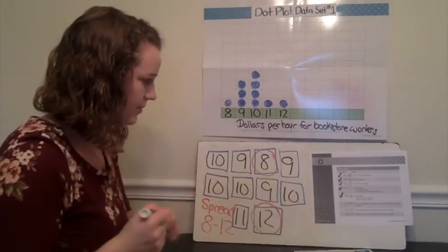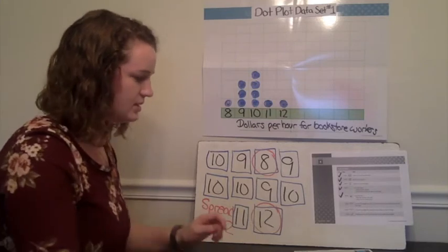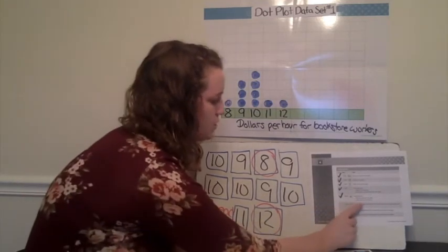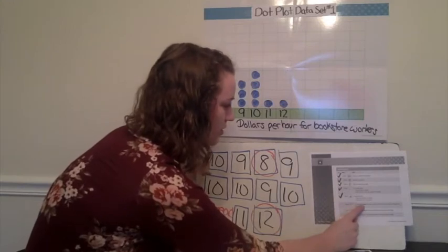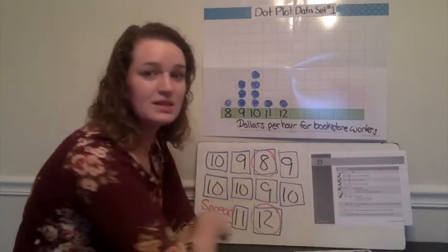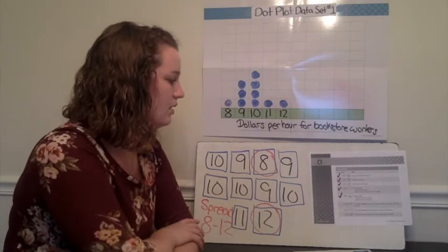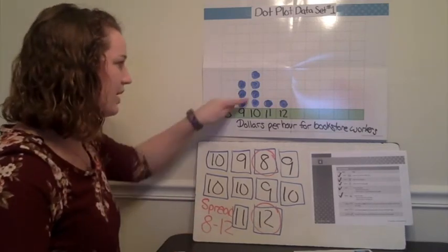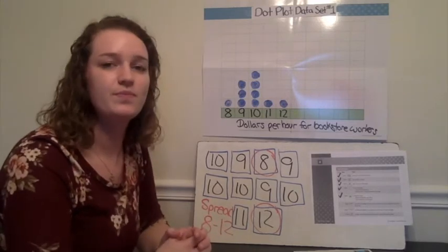All right. What does it say for step 6? It says we have to calculate the mode. Do you remember what the mode is? It's the number with the most dots that we have here. The most.